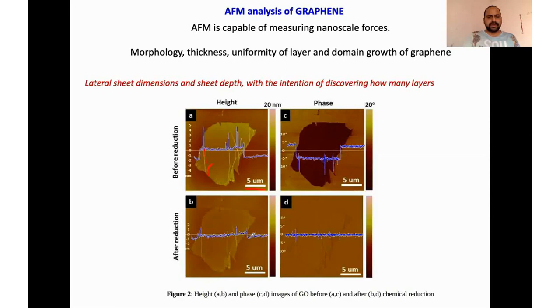STM is also a very useful technique, and many physicists use it to analyze the electronic properties of graphene. I can list a few. Imaging the surface at the atomic level, meaning we can get the atomic arrangement very clear and clean.